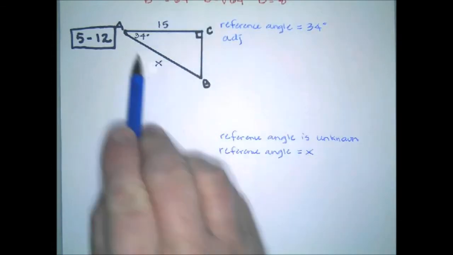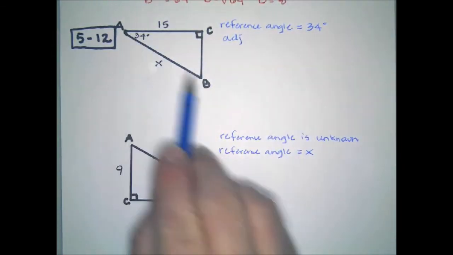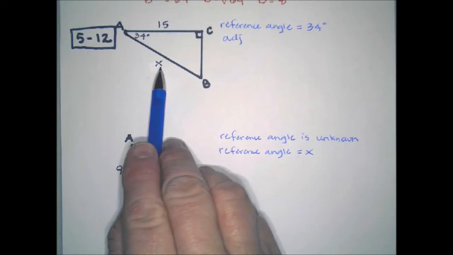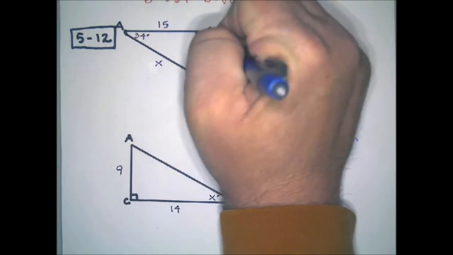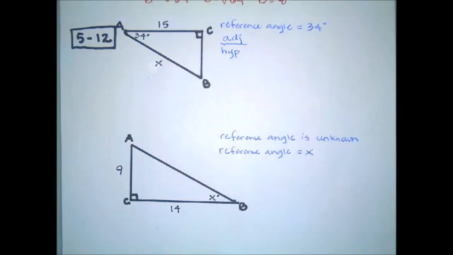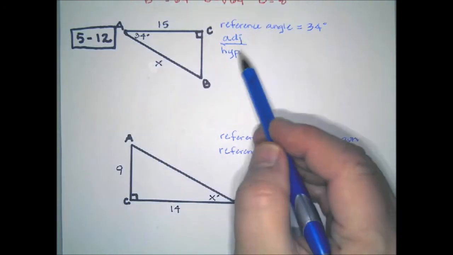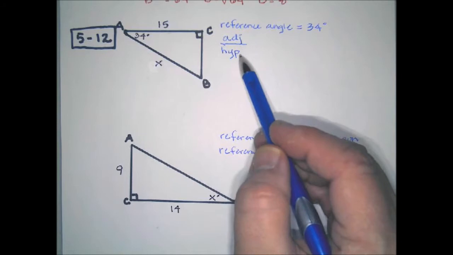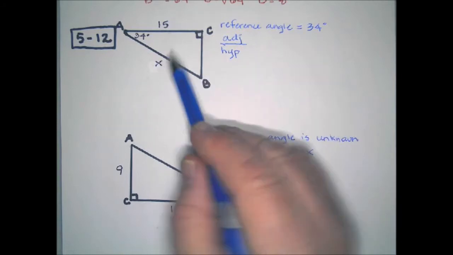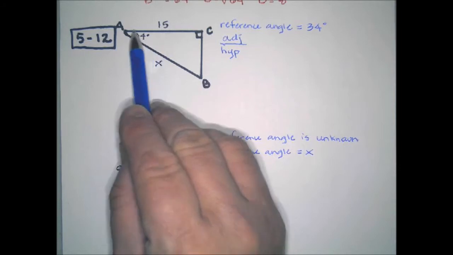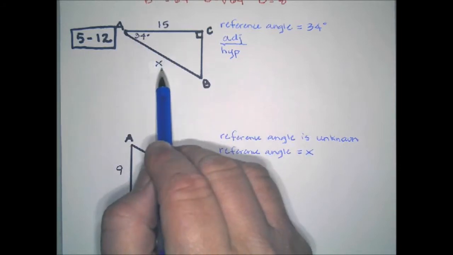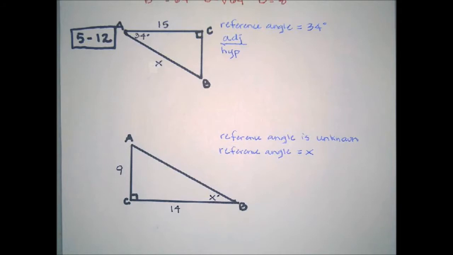The unknown value in the problem, what we're being asked to solve for, is x, and that's the hypotenuse of the triangle. What that tells me is cosine is going to be the trig function that helps me solve for x, because from reference 34, cosine would be adjacent over hypotenuse. In fact, that's the equation I'm going to write.